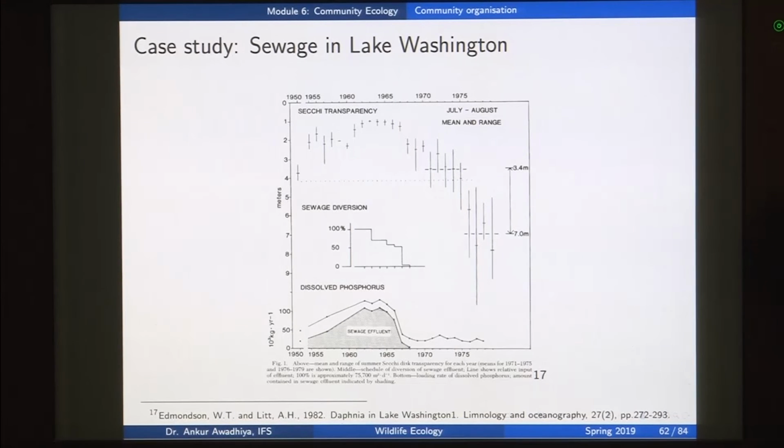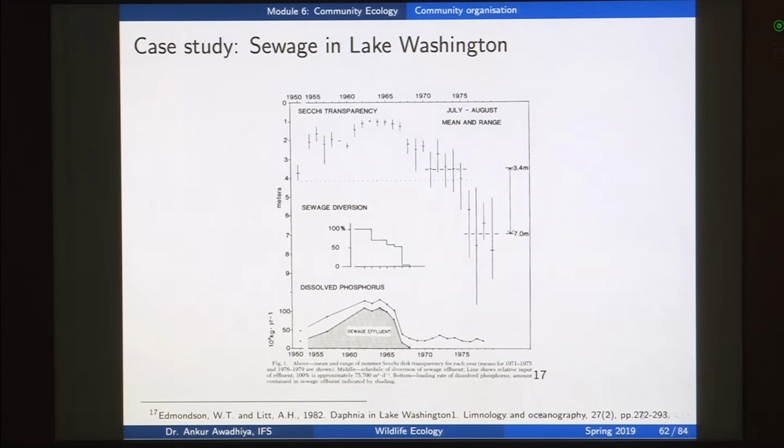So, the water is now becoming more and more transparent. The thing that we are asking in this system is that once you are putting in your sewage, there will be some amount of disturbance to the communities. Are the communities able to come back to normal, and to what extent and how?